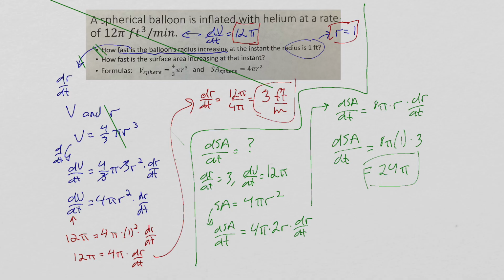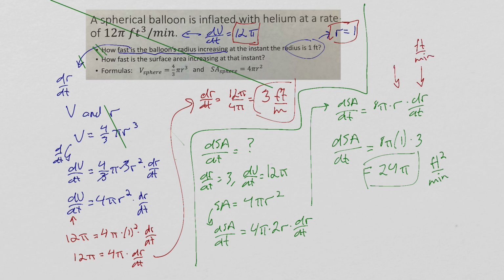I want to comment on something that hopefully makes sense with regards to this problem. What should the units be? Surface area is feet squared, t is minutes, so it should be feet squared per minute. I want to show you that's actually what I have here. What are the units of dr dt? Feet per minute.